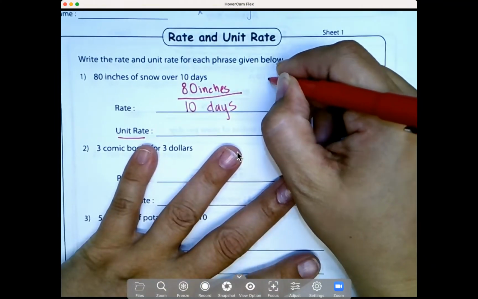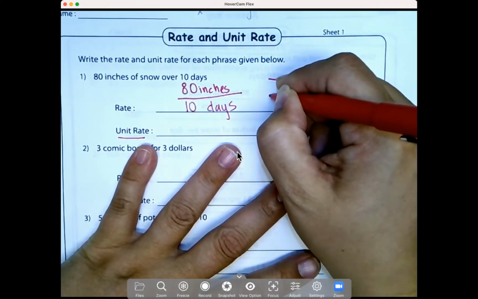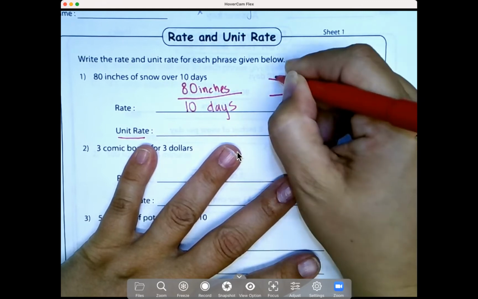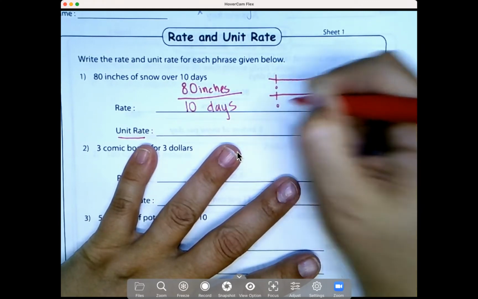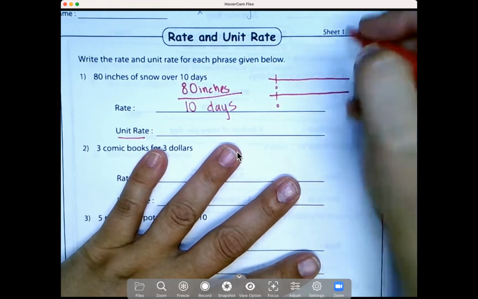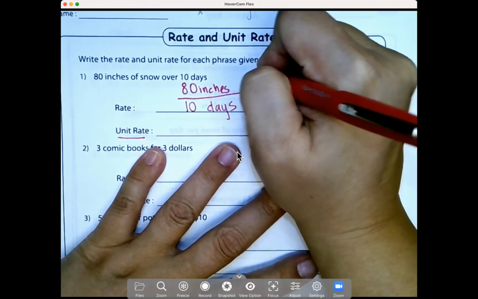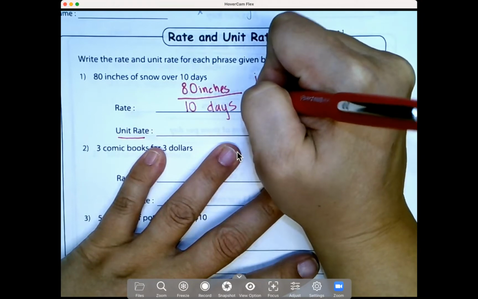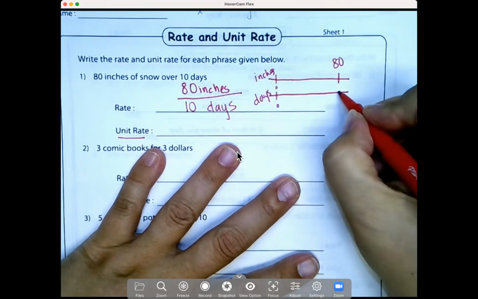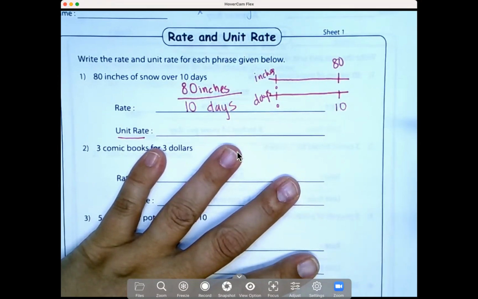Well, they could go over and do the double number line. We would say 0, 0. I know that there was 80 in 10 days.